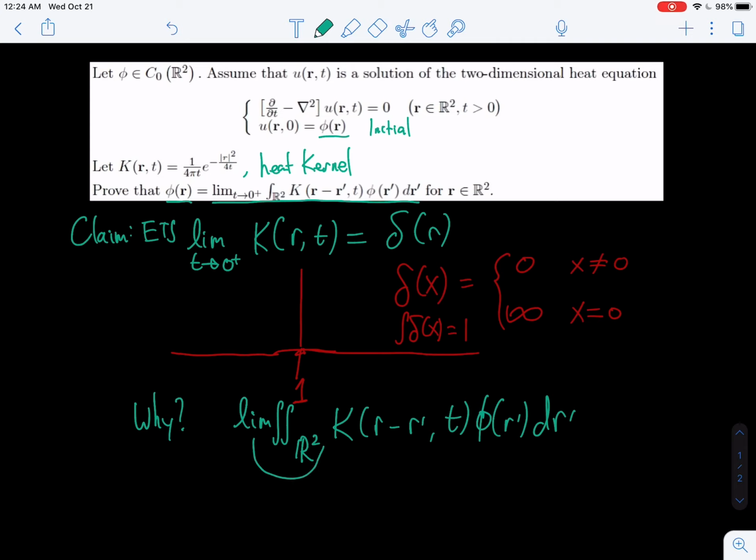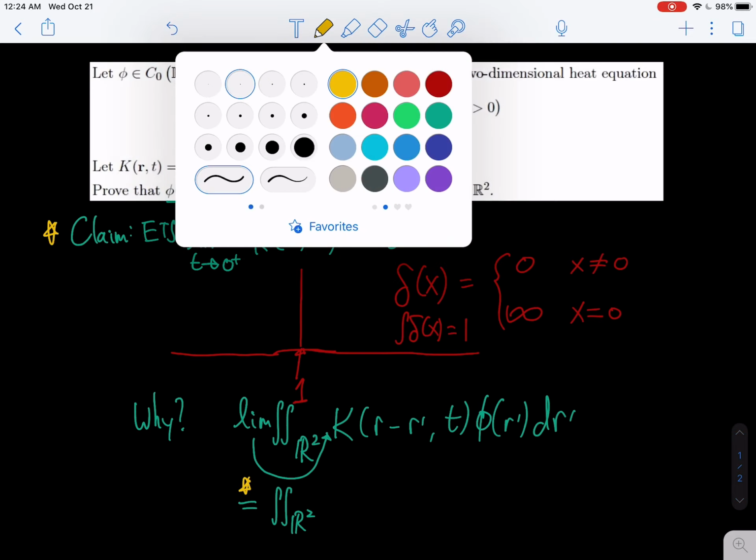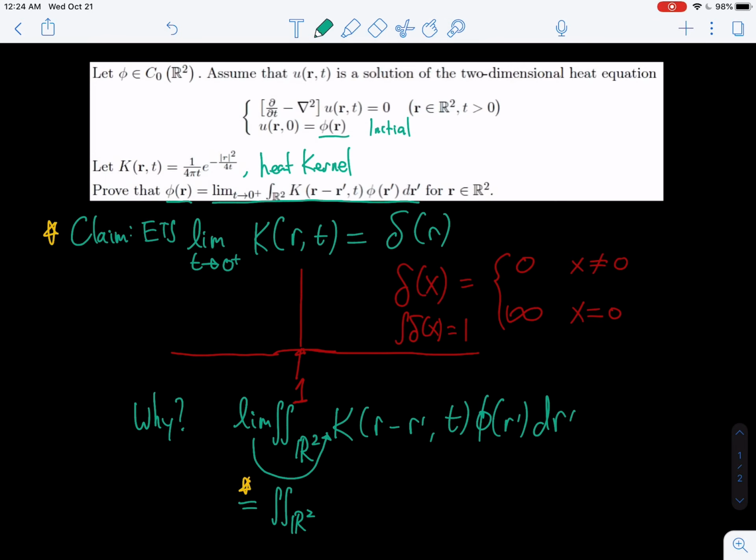This is not always true, but for now, let's just assume it's true. This is going to be, by the claim that we want to show, equal to delta of r minus r prime.